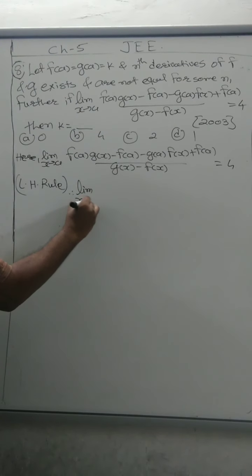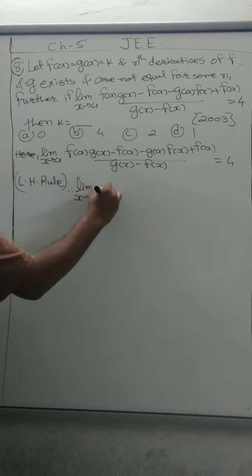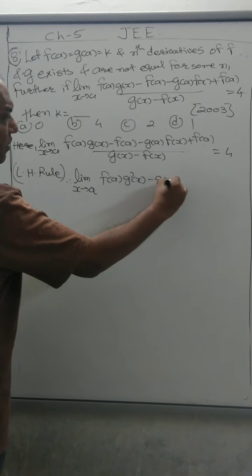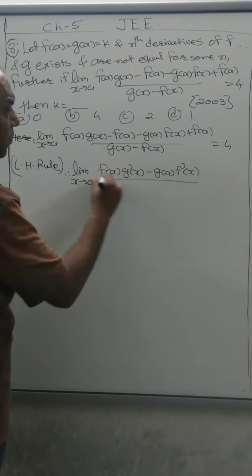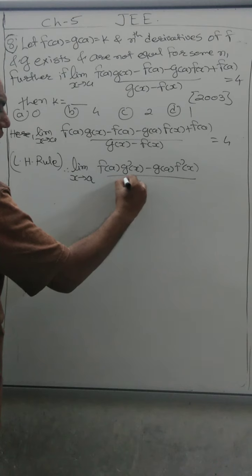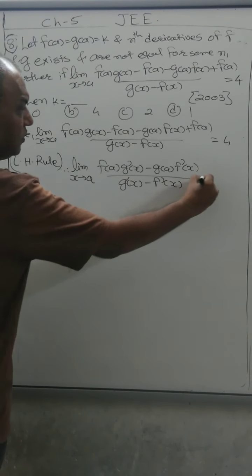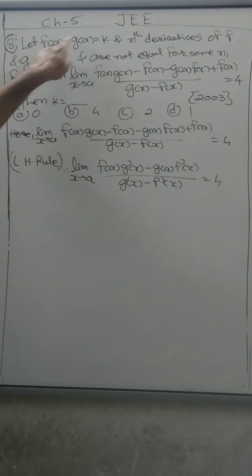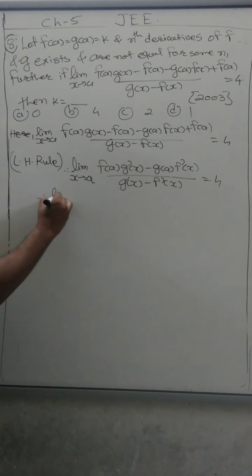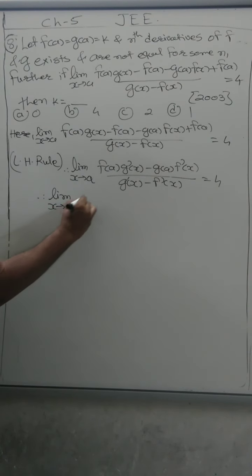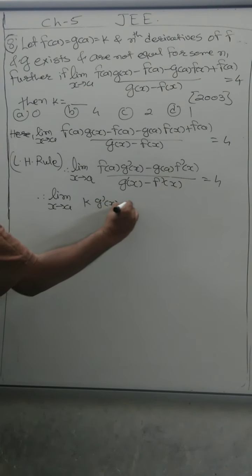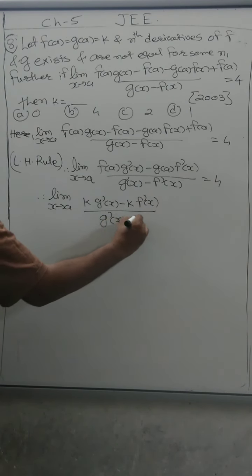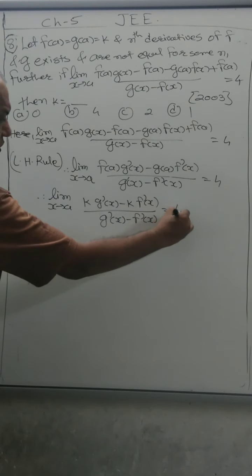Limit x tends to a of f(a) g dash x minus g(a) f dash x upon g dash x minus f dash x, which is equal to 4. Now here we put f(a) and g(a) value, which is k. Therefore, limit x tends to a of k g dash x minus k f dash x upon g dash x minus f dash x is equal to 4.